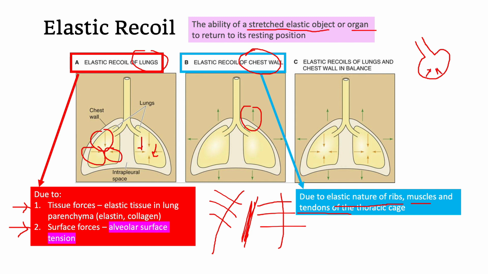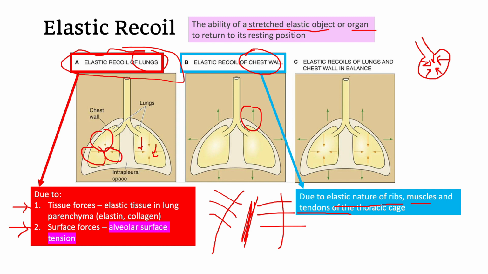It pulls the alveoli together and the alveoli will collapse. Imagine if all the alveoli in the lungs have increased surface tension, all the alveoli will collapse and pull the lung inwards. So that contributes to the elastic recoil of the lung.